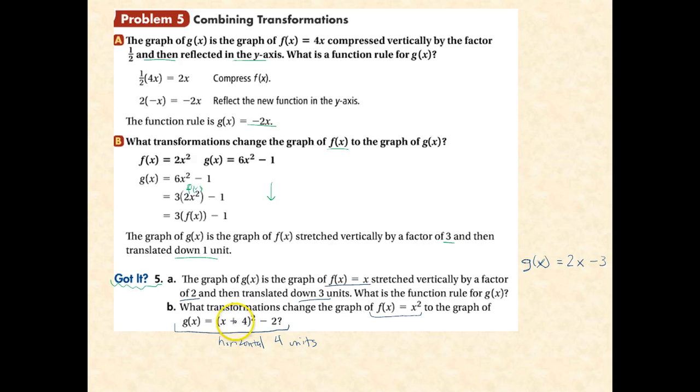This is the one where the sign is the opposite of the direction you're moving. So since it's positive, which is normally to the right, it's 4 units left. And then minus 2 is a vertical translation 2 units down. So we're going left and down.